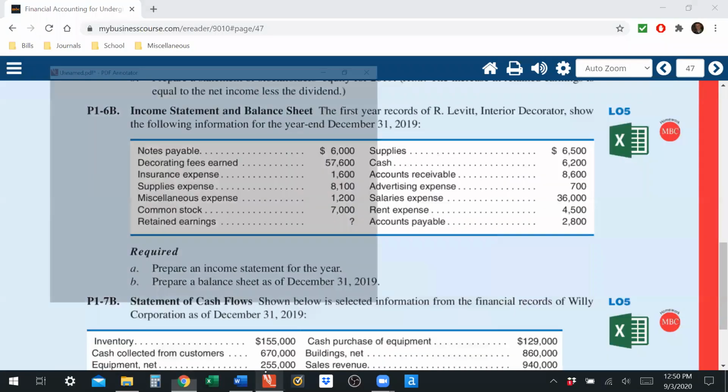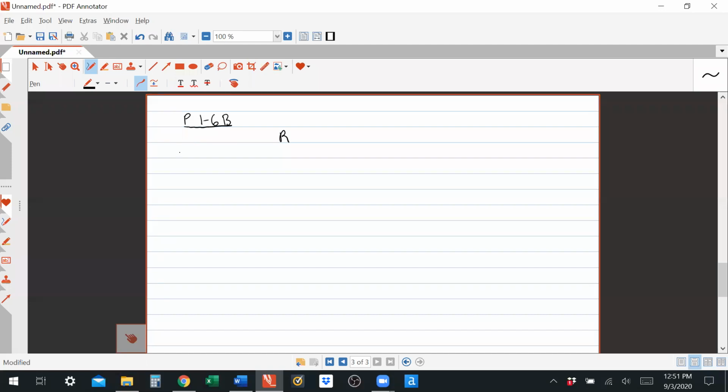So this is R. Levitt Interior Decorator. So part A, the heading of the income statement, name of company, name of statement, and then, my writing is terrible, I need to take my time, for the year 2019.